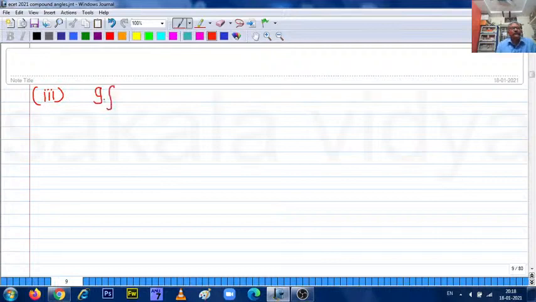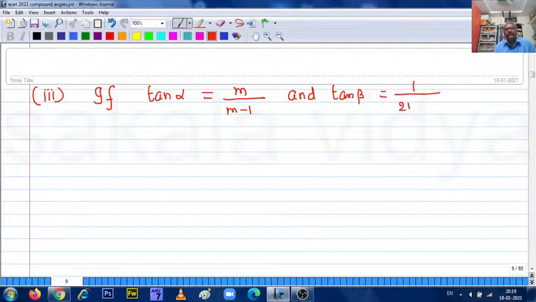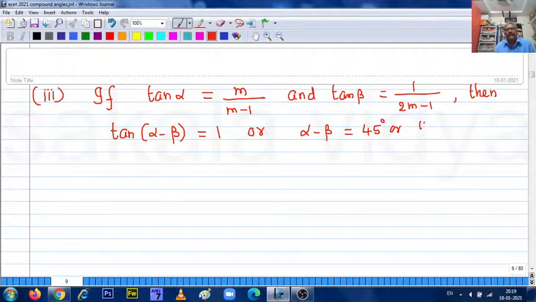If tan alpha is equal to m upon m minus 1 and tan beta equals to 1 upon 2m minus 1, then tan alpha minus beta equals to 1, or alpha minus beta is equal to 45 degrees or pi by 4. So in the exercise part I will discuss the problems. So let me first conclude the session now.